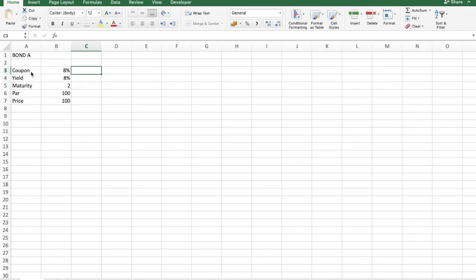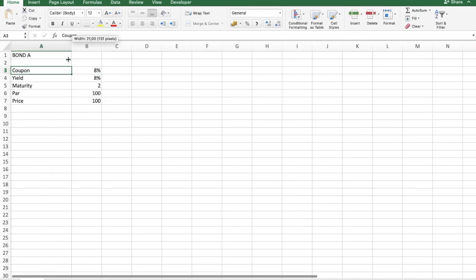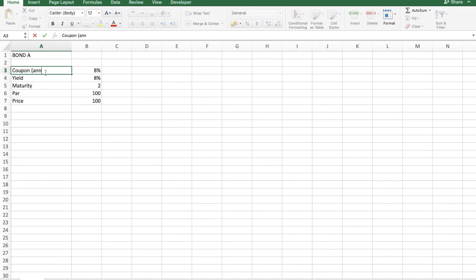So the first thing is that we have to convert these rates, which are annual rates, to semi-annual rates, because the bond A is paying interest semi-annually. So these are annual rates for both coupon rate and yield rate, and we have to convert them into semi-annual.